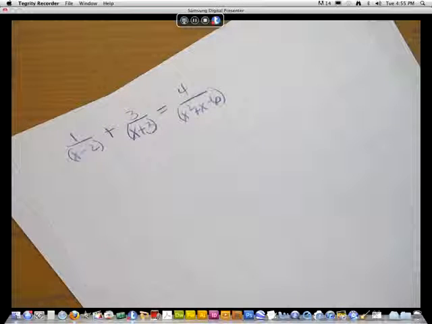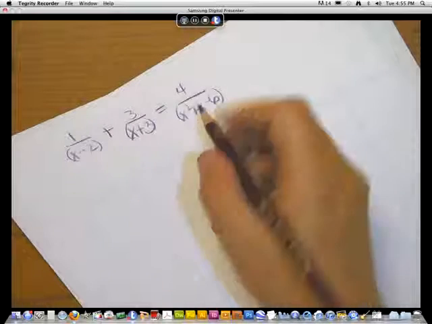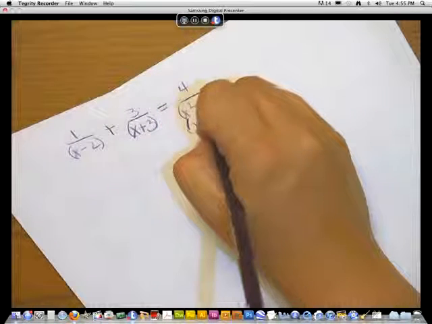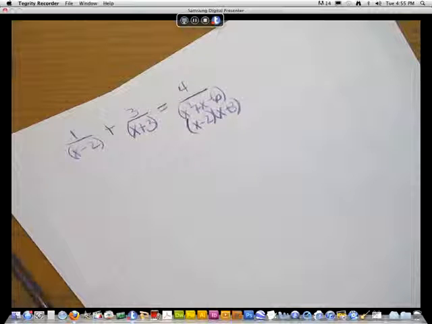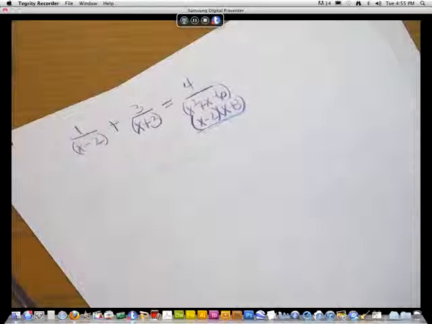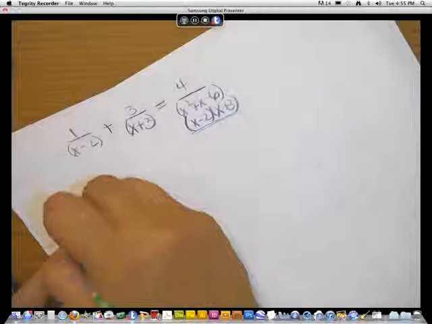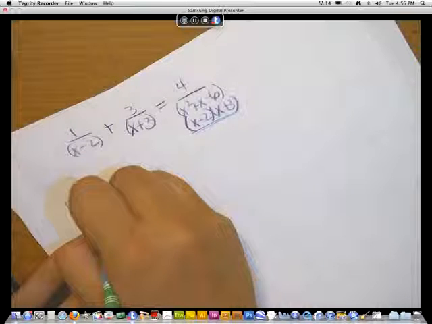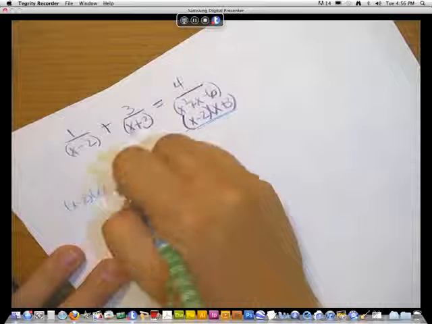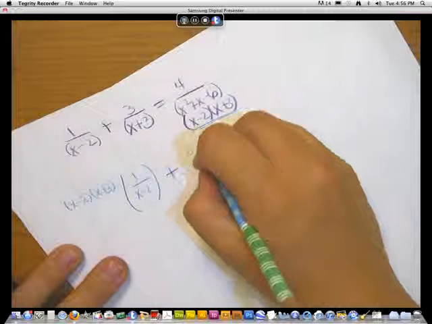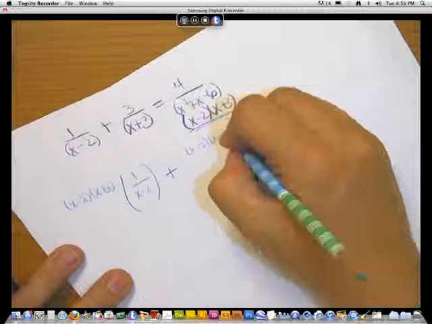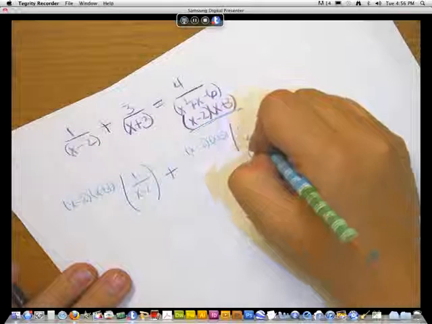But I should recognize that this x squared plus x minus 6 is really the other two in factored form. So when I look at all my pieces, the common denominator is both pieces. So that's what I'm going to multiply to all components, because that is the common denominator, those two factors.